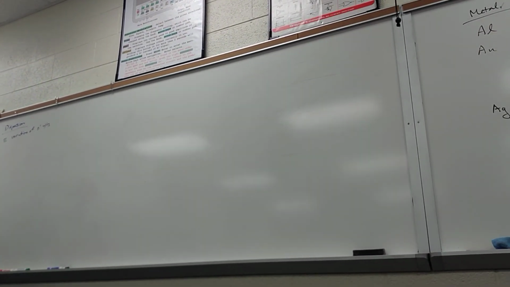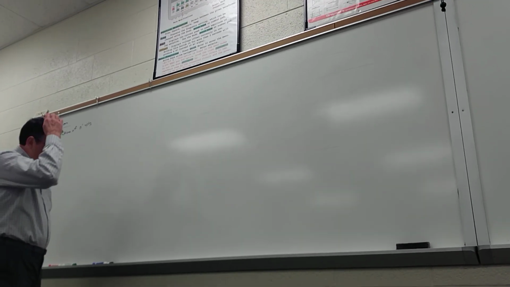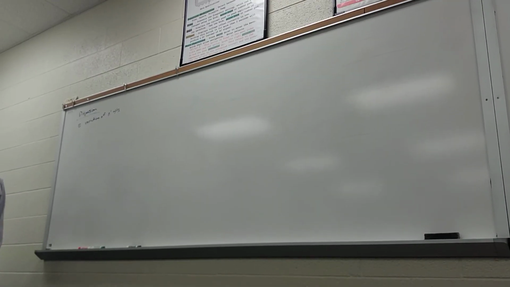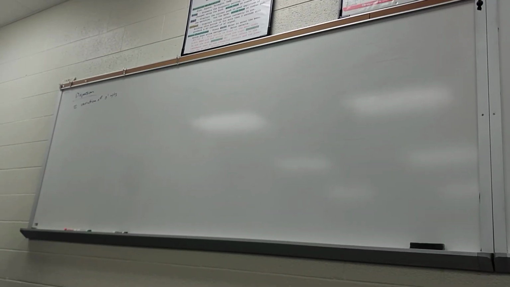What we want to do is understand how this works and where this normal dispersion comes from, and then we want to see what anomalous dispersion is and where it comes from.